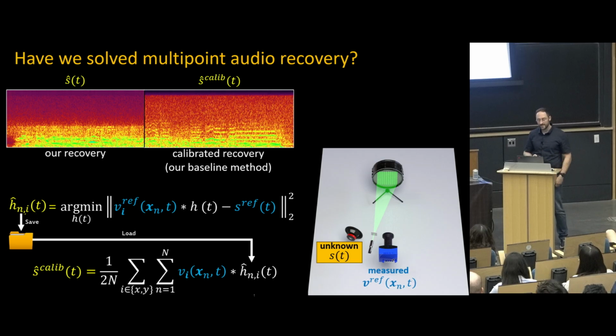So let's hear the difference. As you can hear, the calibrated recovery is slightly better, especially in recovering the higher frequencies, which means that there's still room for algorithmic improvement.